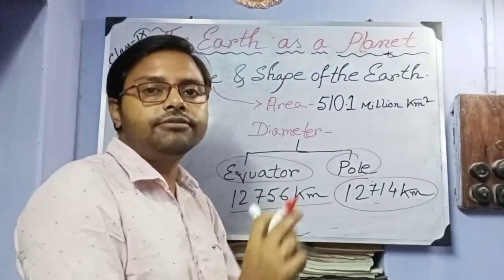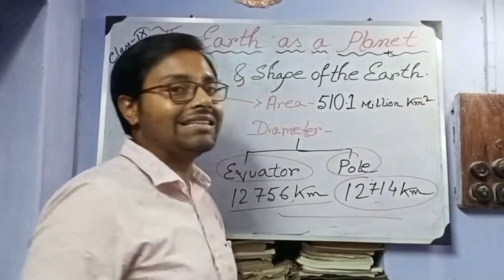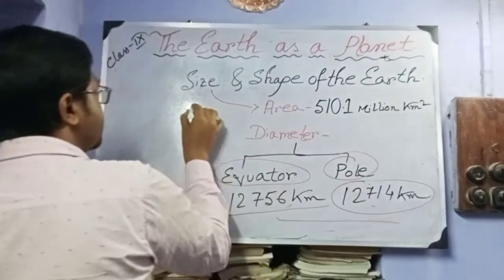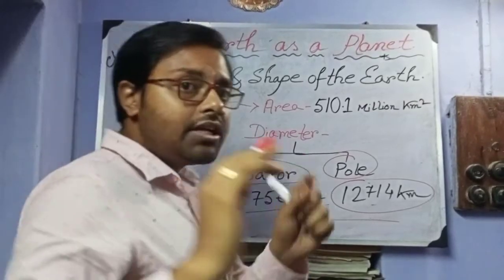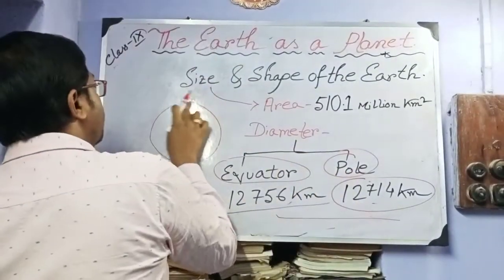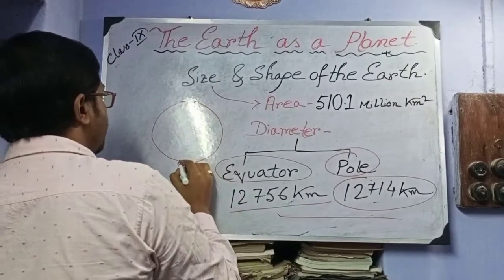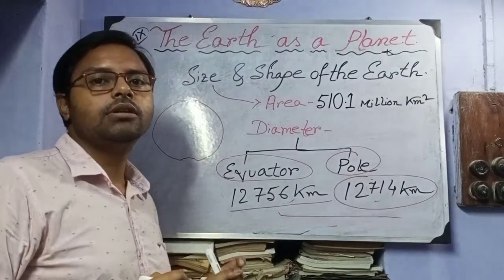From this diameter, we can understand that the Earth is a spherical surface. Spherical means this type of surface, not perfectly circular, it's spherical. That means both edges are slightly down towards it. That is the spherical surface.